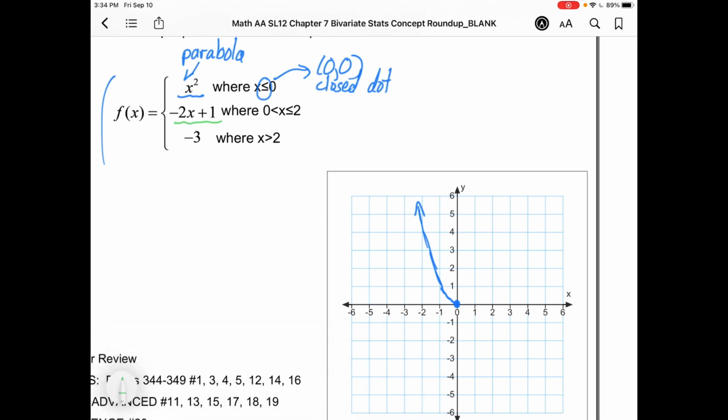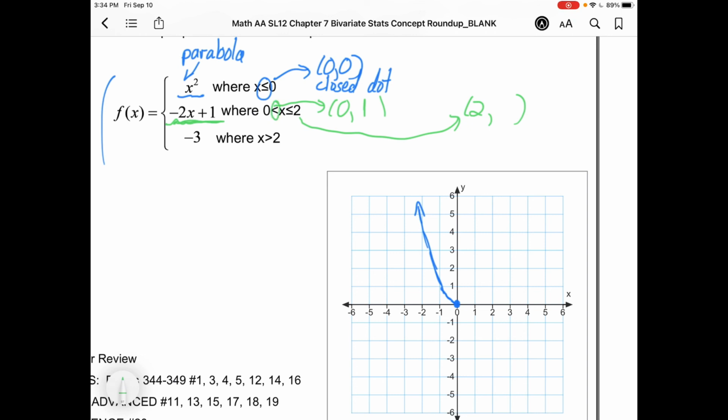Okay, so it's a line, and it has a starting split point at 0, something, and an ending split point at 2, something. If I put 0 into this, I'd get negative 2 times 0 plus 1, or I'd get 1. That's where it starts being a line.